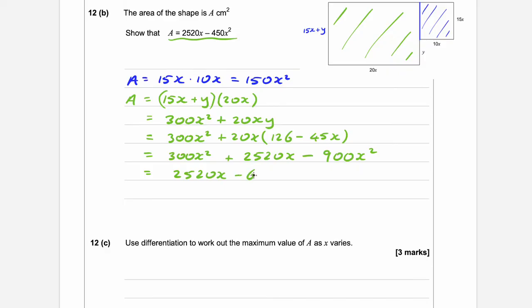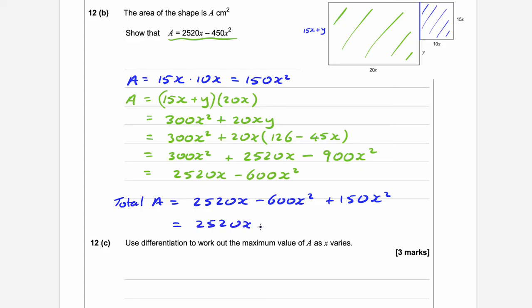So the total area is equal to this plus this. So it's 2520x minus 600x squared plus 150x squared, which is 2520x minus 450x squared. Minus 600 plus 150 is minus 450x squared.